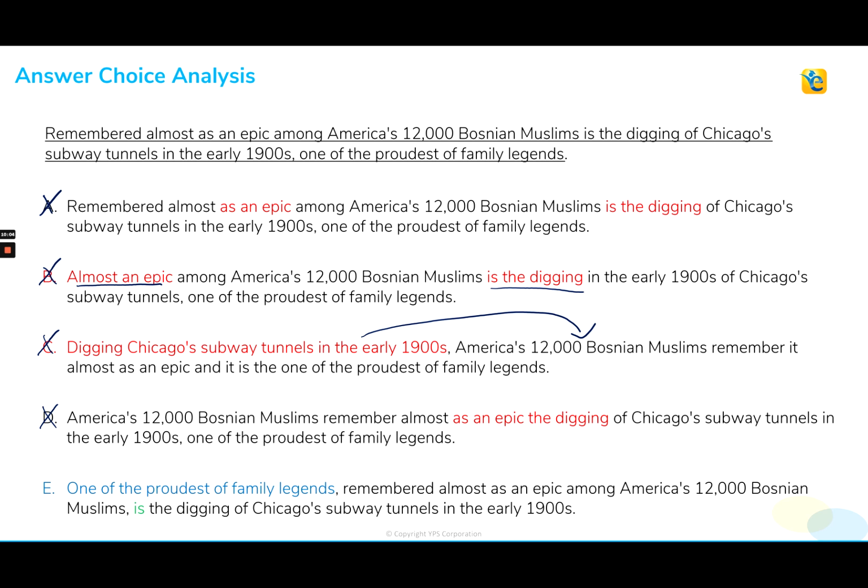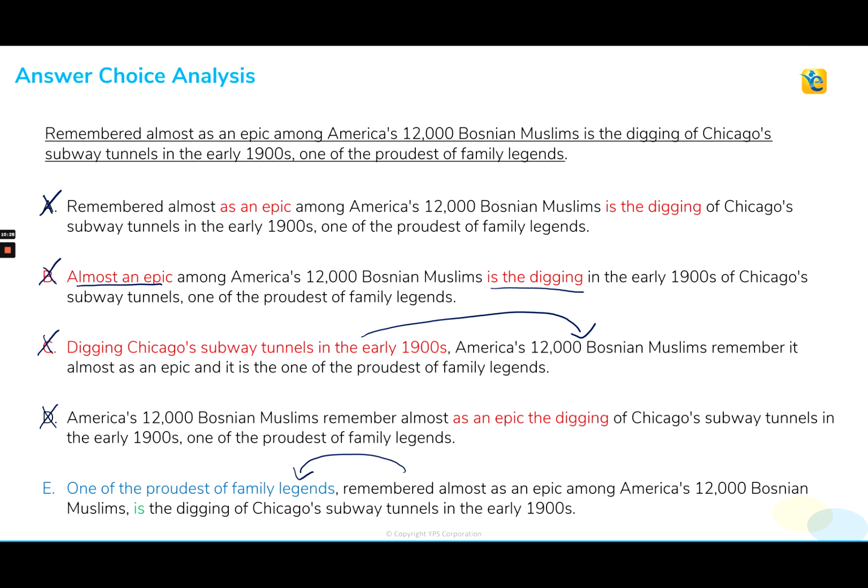Now option E changes our structure, but it's getting the job done. It is making one of the proudest of family legends our subject here, which works just fine. It's telling us that this legend is what is remembered. So this modifier is directly describing this legend, telling us the legend is remembered almost as an epic.